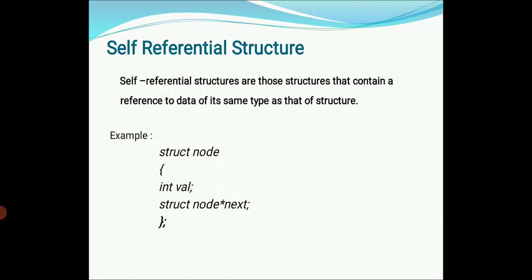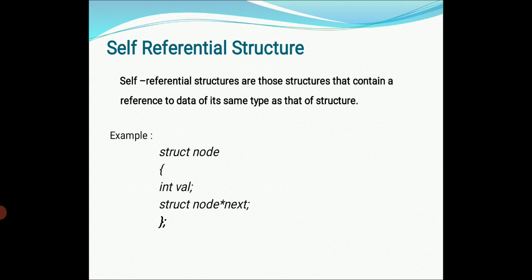The next concept is the self-referential structure. Self-referential structures are those structures that contain references to data of the same type as that of the structure. So we call it a self-referential structure. For example, struct node. Node is the name of the structure. It contains two data members, value and next.